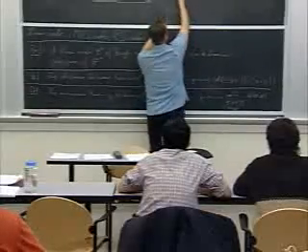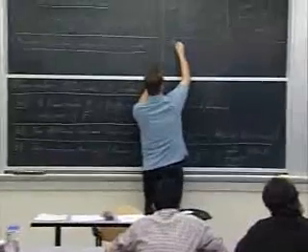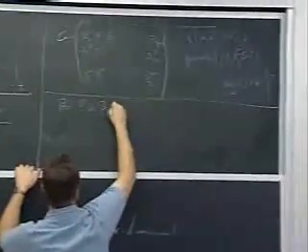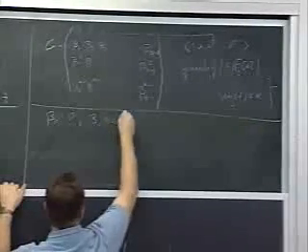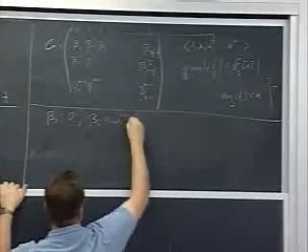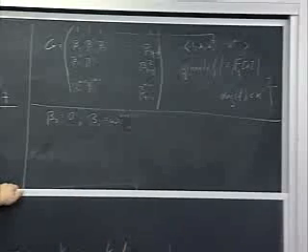So let beta 0 be equal to 0, and beta i equal to omega to the i minus 1, where omega is primitive in the field.